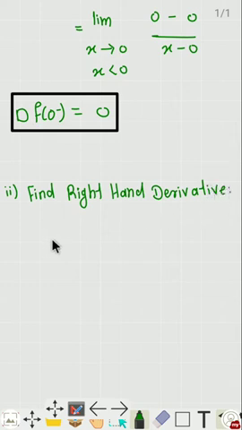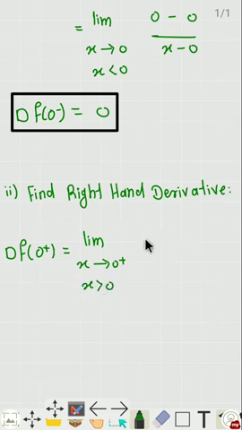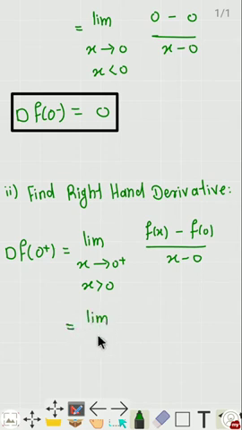Okay, and the right hand derivative is denoted by the notation derivative of function f at 0 plus. It is equal to limit x tends to 0 plus, so in this case x is greater than 0, of f of x minus f of 0 whole divided by x minus 0, and it is equal to limit x tends to 0.